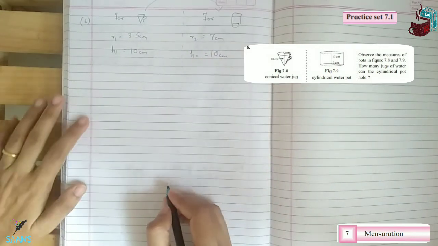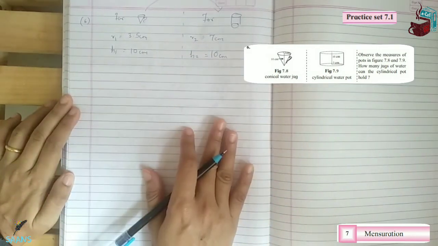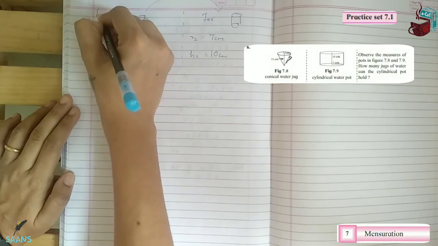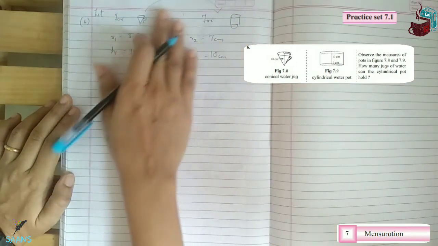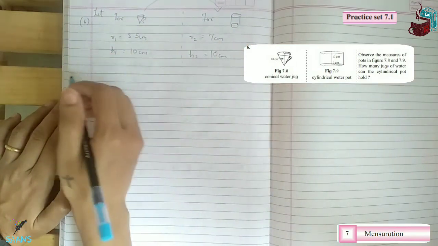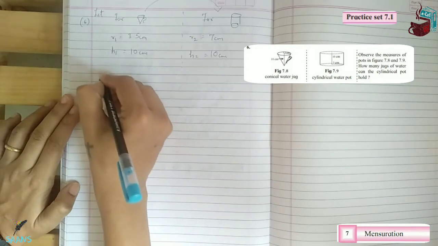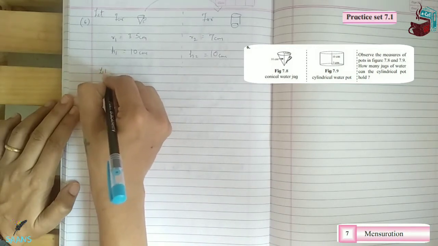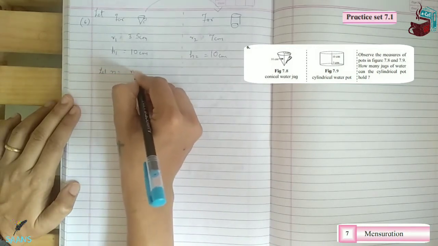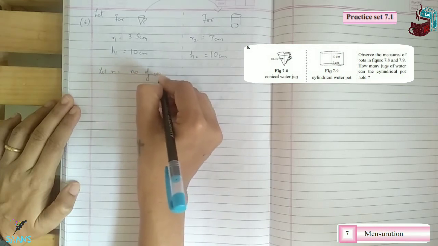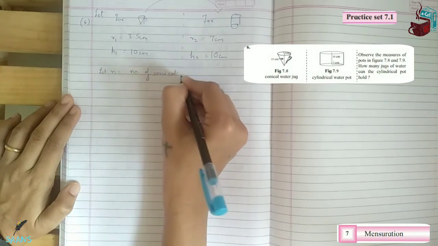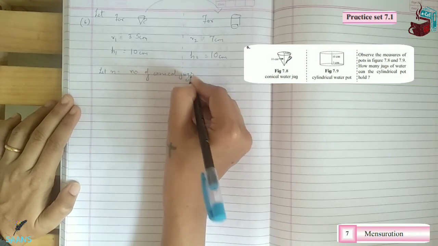So in this case, directly, this is your given, as much as is understood. Let n be equal to the number of conical jugs.